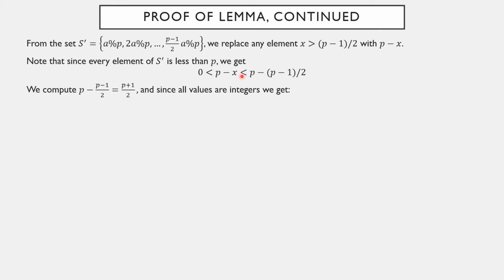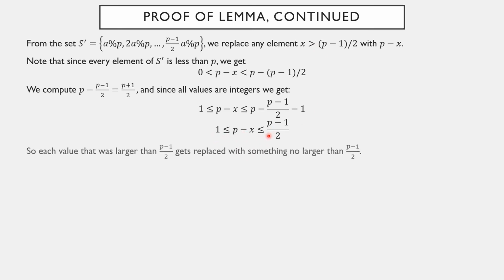So p minus x is strictly smaller than (p plus 1) over 2. So p minus x is an integer. It's bigger than 0, so it's bigger than or equal to 1, apologies. But if it was strictly smaller than (p plus 1) over 2, then it is less than or equal to that minus 1. Which works out to p minus x being a value between 1 and (p minus 1) over 2. So the small remainders I left unchanged. The things that were bigger than (p minus 1) over 2 get changed to be something between 1 and (p minus 1) over 2.